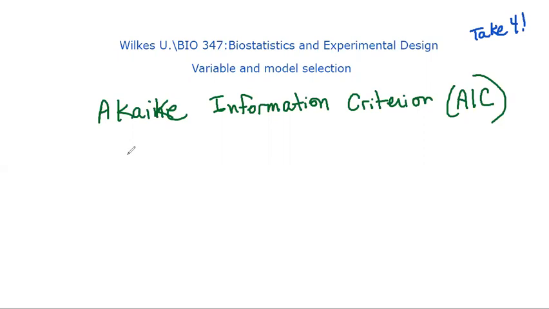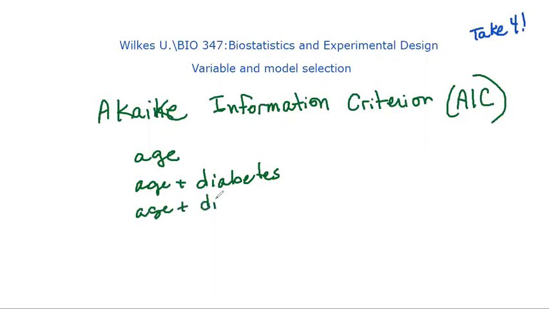So let's say we're looking at COVID survivorship. We think age is it. But you've also heard that age and diabetes are important. And then we have to consider that maybe these two things interact, so that would be the age by diabetes interaction.